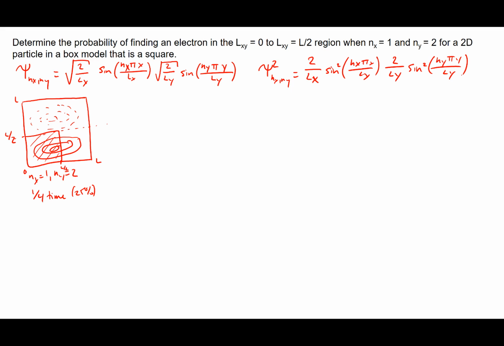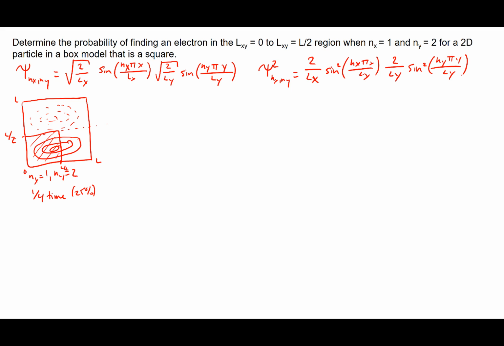What we can do is simply integrate it for both of those dimensions, for both the x and the y. And one thing we can also do really easily is, because both Lx and Ly are equal to each other, I'm just going to write them down as L for right now. But that shouldn't be too much of a problem.